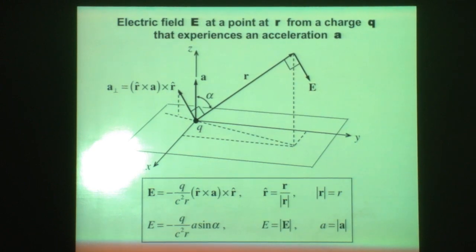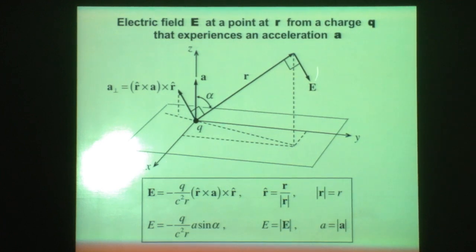But the result is that the electric field vector resulting from this charge acceleration is equal to the negative of the amount of that charge divided by the square of the velocity of light, and the distance away from the charge that we're observing.